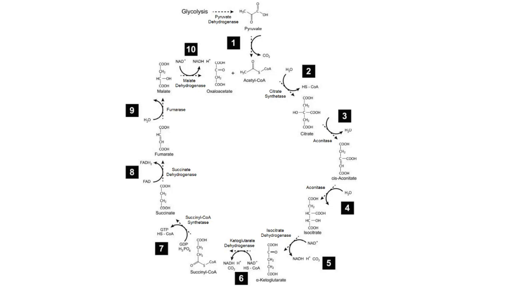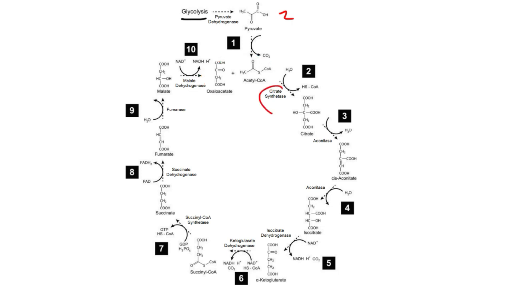In this video, we're going to focus on the Krebs cycle. So just to review, glycolysis is a process that splits glucose into two pyruvate molecules. Now, following pyruvate oxidation, that's when pyruvate is oxidized to acetyl-coenzyme A. Acetyl-coenzyme A enters the Krebs cycle, where it reacts with oxaloacetate to produce citrate.